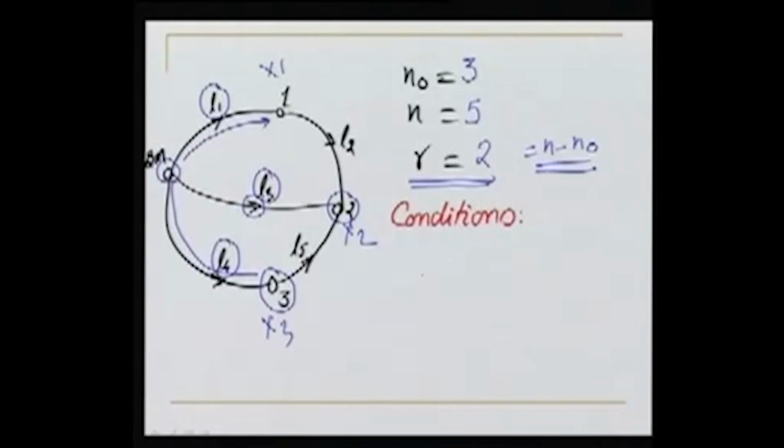Well, the condition equations can be written as follows. If you look first at this loop, start from the benchmark, go to point 1, go to point 2 and again go back to the benchmark. So here is a loop, and what we are observing is the difference in elevation. L1 is the difference in elevation between the benchmark and point 1. L2 is the difference in elevation between point 1 and point 2.